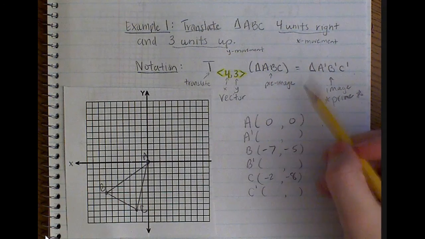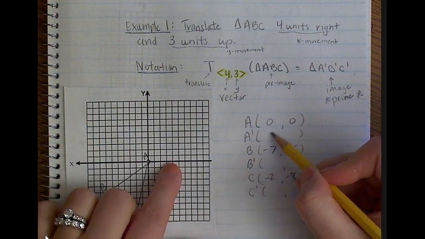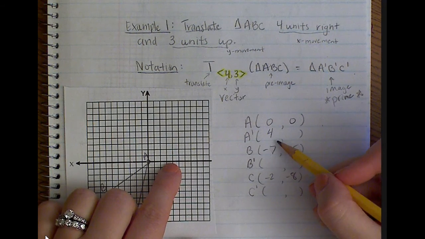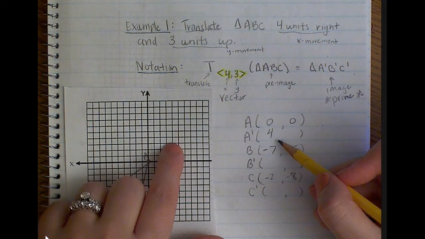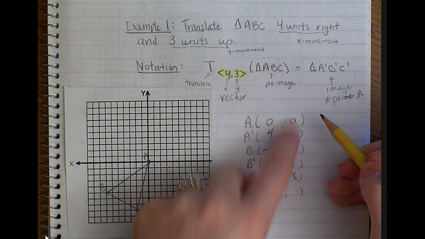So 4 units to the right, that would bring me to an X value of 4. And 3 units up, that would bring me to a Y value of 3. So essentially I just added 4 and added 3.